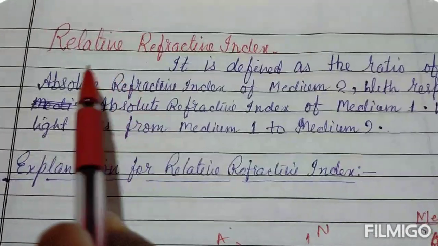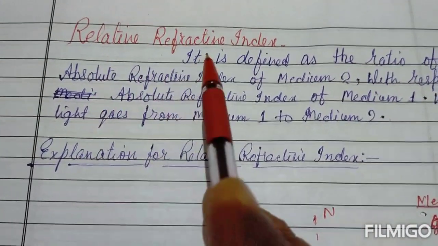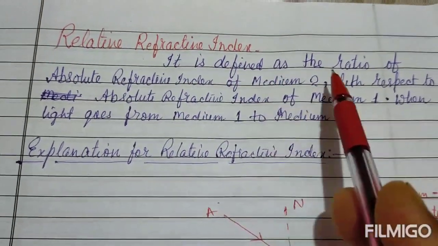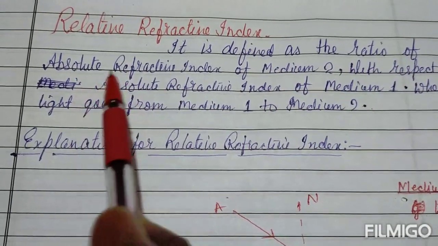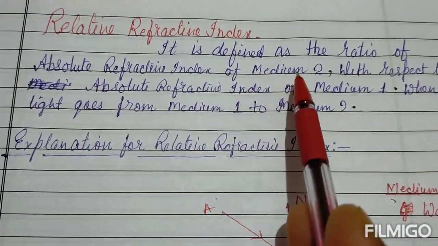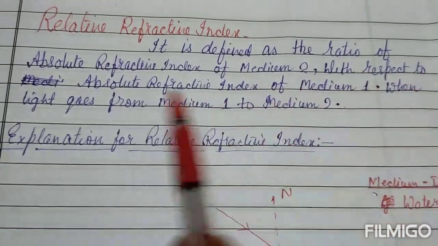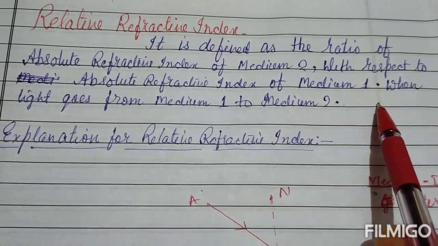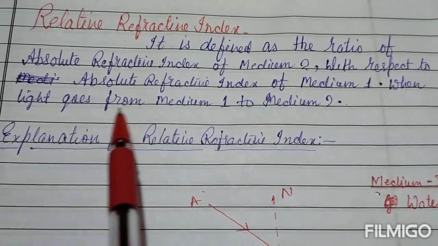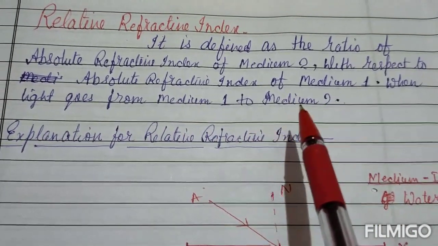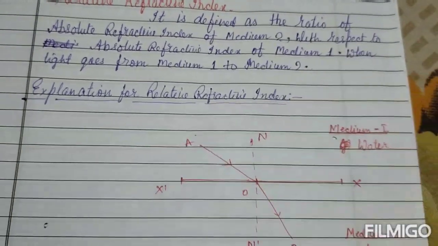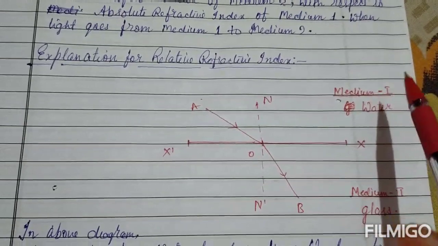The second one is relative refractive index. It is defined as the ratio of absolute refractive index of medium 2 with respect to absolute refractive index of medium 1 when light goes from medium 1 to medium 2. Now let us make it clear with this diagram.